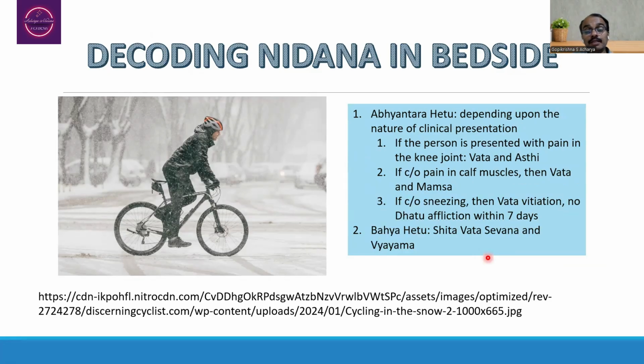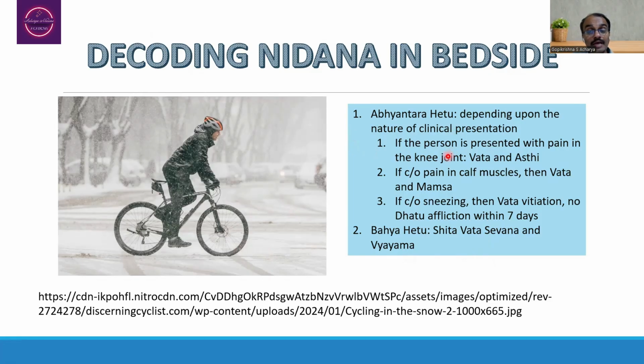When you think about the abhyantara hetu and bahya hetu, here we have two different examples, that is the nidana, shita vata sevana and vyayama. These are the two bahya hetu that can be considered in this example. Whereas the abhyantara hetu will depend upon the nature of the clinical presentation.